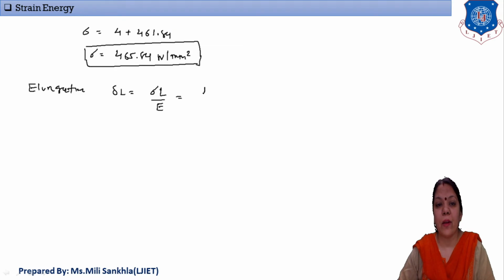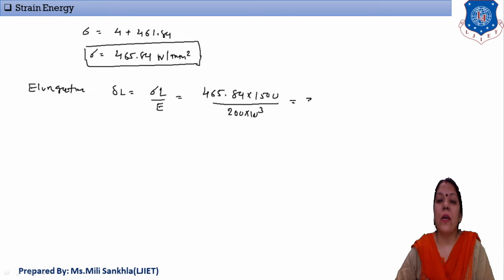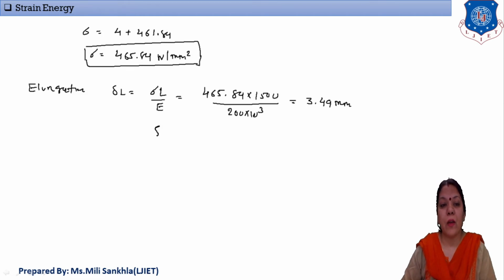Stress we recently found, 465.89, and L is given 1500, divided by Young's modulus, 200 into 10 raised to 3, and delta L is equal to 3.49 mm. The unit of this elongation is mm. Right here, delta L is equal to 3.49 mm. Okay, this is our second answer.